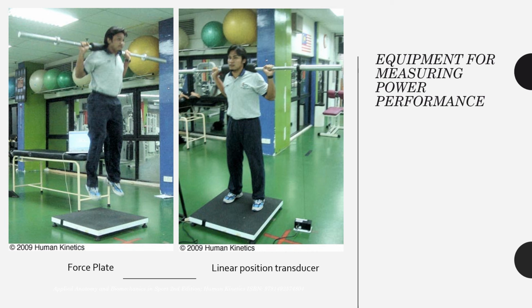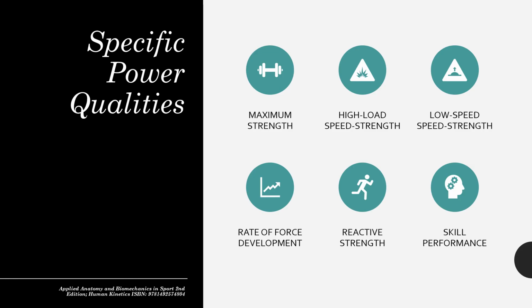So if you have velocity-based training, a force plate, we can do some of this with a jump mat. If you've done any assessing in our weight room here at Newberry, these are great activities and equipment to use. However, they're expensive and not very practical for the real world. So we need to think of some other ways that we can assess power performance.